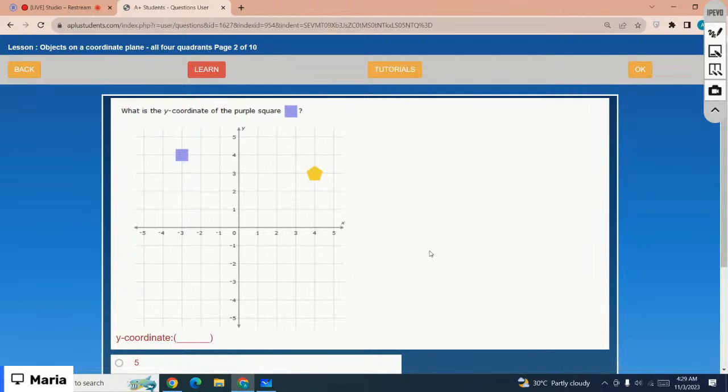What is the y coordinate of the purple square? Which is the correct option? Yes, it is 4.